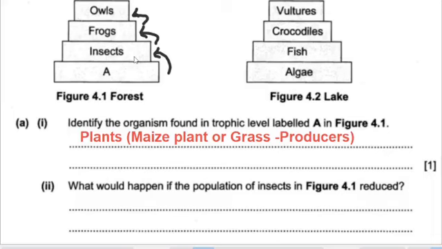So there are two possible answers that you can give there. You can say the population of the frogs will decrease because there is a reduction in the population of insects, and this would disturb the other higher trophic levels. Or you can say the reduction in insect population would cause a shortage of food and energy for the higher pyramid.